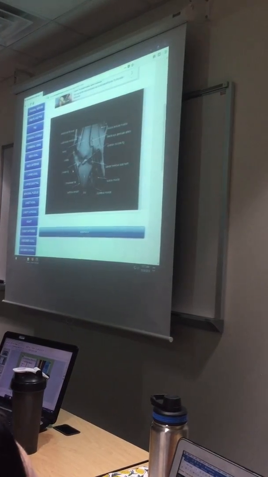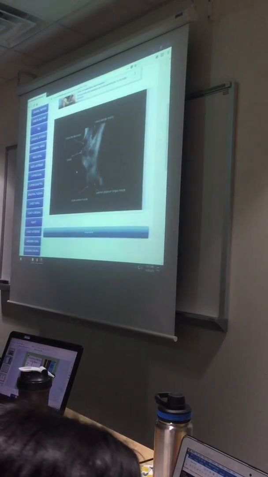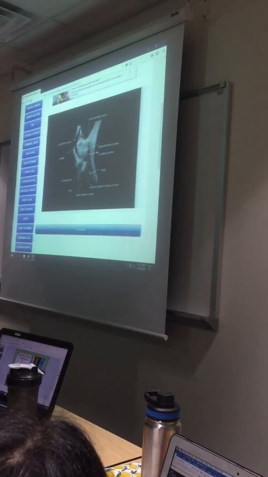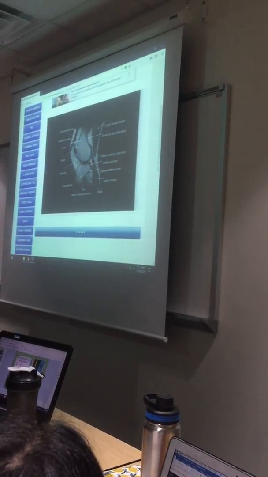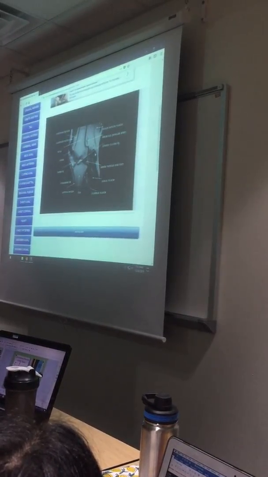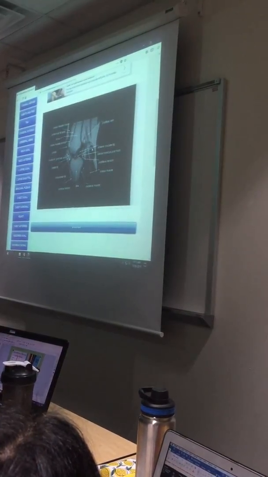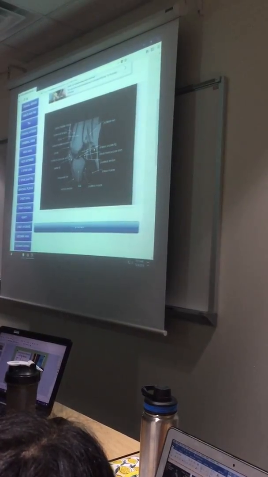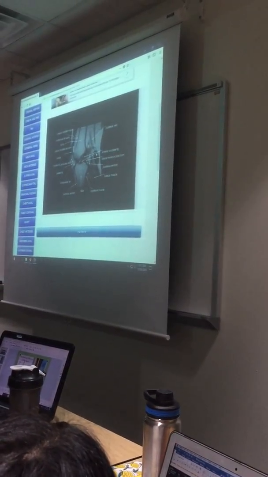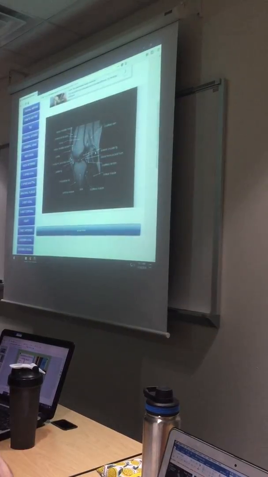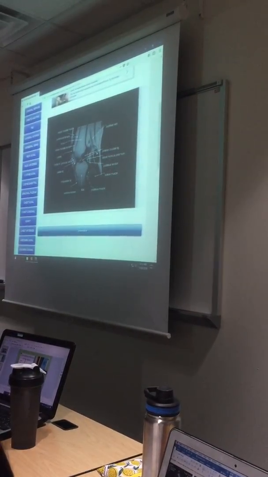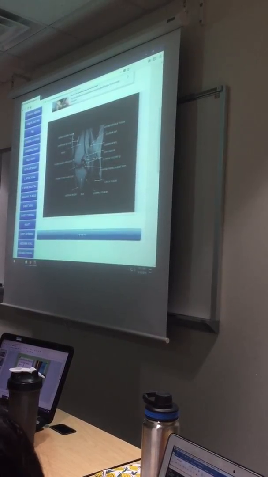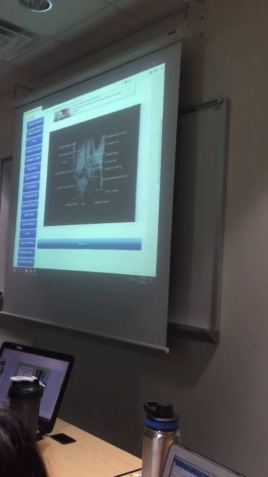If I start here with my first slice, second slice, 3, 4, 5, 6, 7, 8, 9. If I see my ACL first, am I slicing lateral to medial or medial to lateral? It's lateral to medial because I see my ACL. I keep going to the medial aspect, now I'm seeing my PCL.